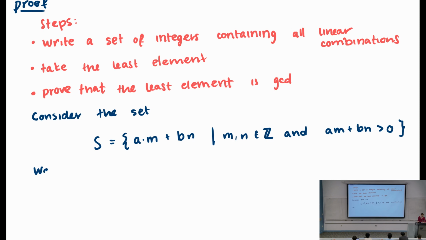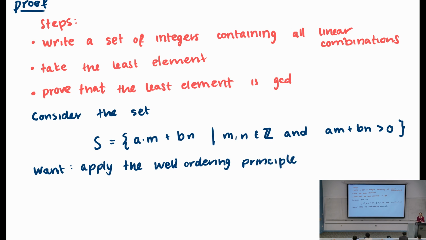So apply the well-ordering principle. But what do I have to do in order to apply the well-ordering principle? So what kinds of sets does the well-ordering principle apply to?